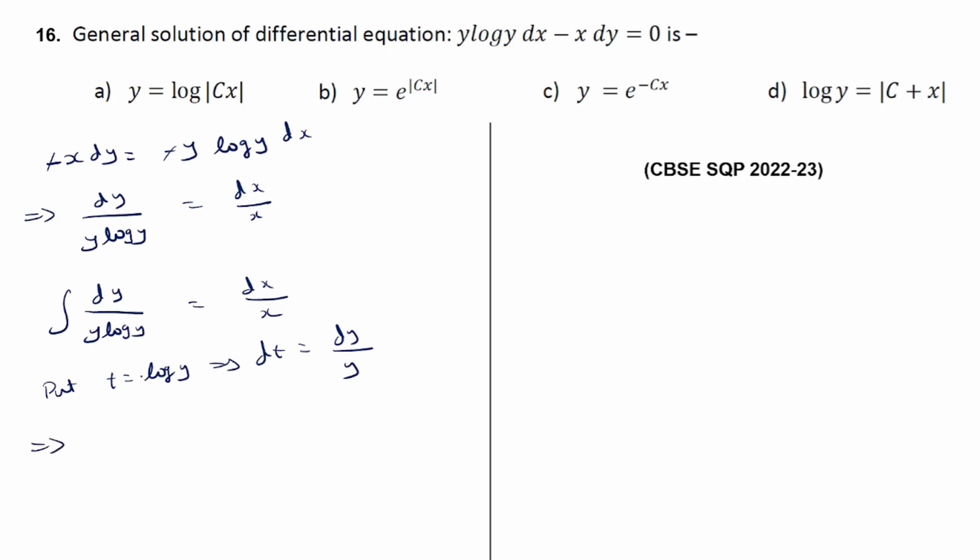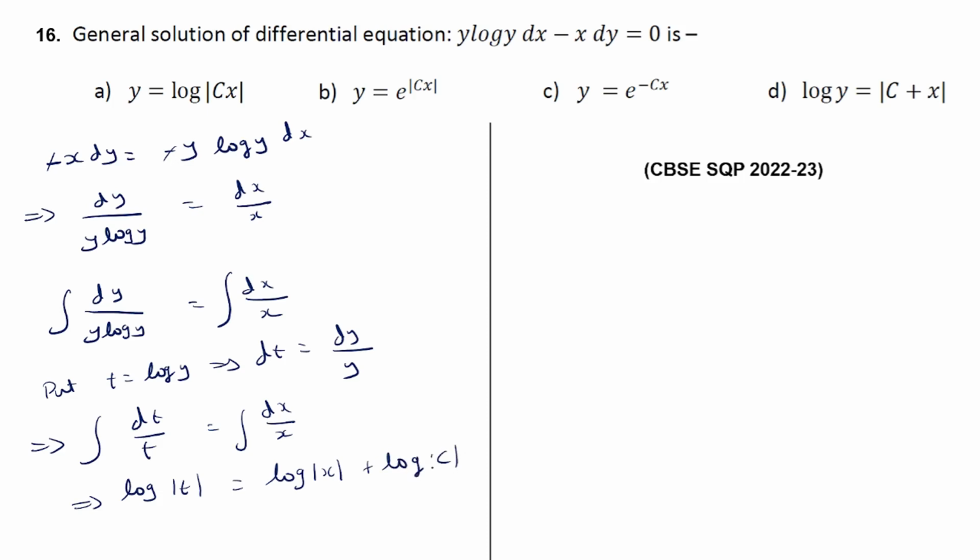So from this we get integral dt by t equal to integral dx by x, or we have log mod t equal to log mod x plus log c. We can also write log mod c because we do not have log of negative numbers.